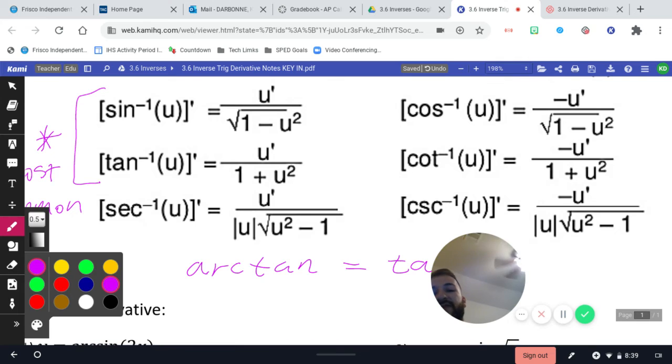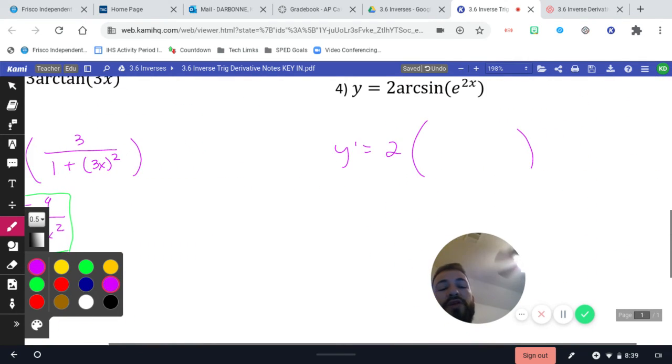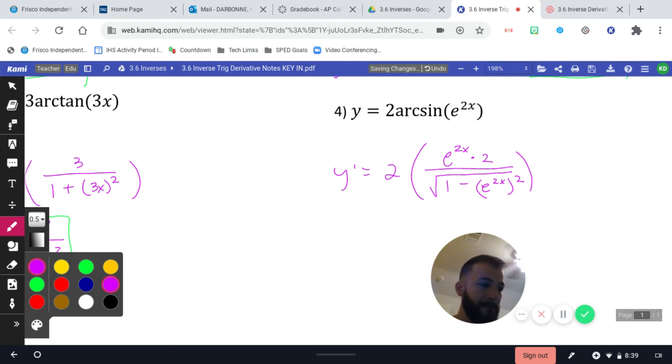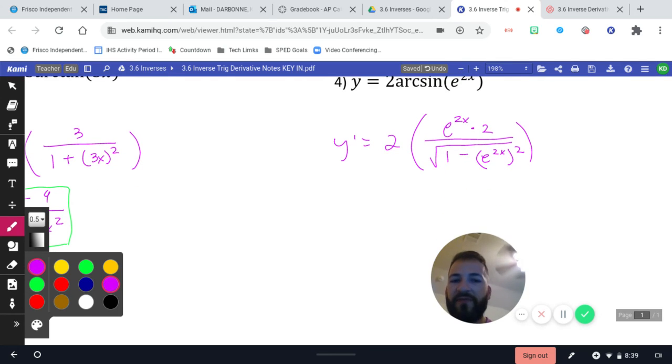Just reminding ourselves. Okay, so u prime, for e to the 2x, is a chain rule, so it is e to the 2x, because it stays the same, times 2, all over the square root of 1 minus e to the 2x squared. Okay? And as always, I can simplify from there if I want to.